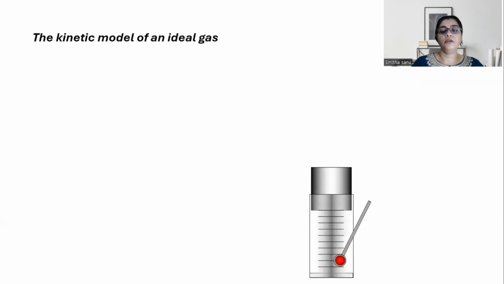Now you can see that the piston is pushed inside and there is a gas inside it. As the piston is pushed inside, can you see the temperature of the gas is increasing?